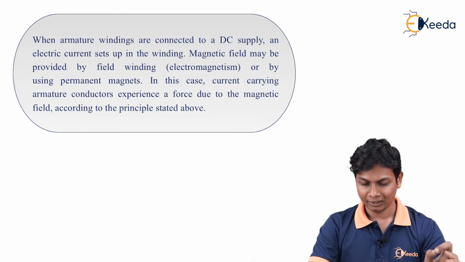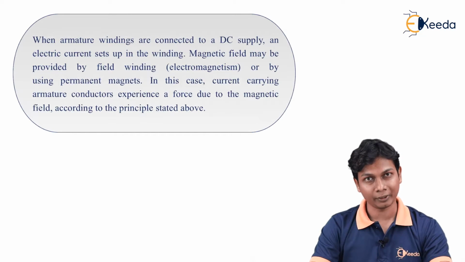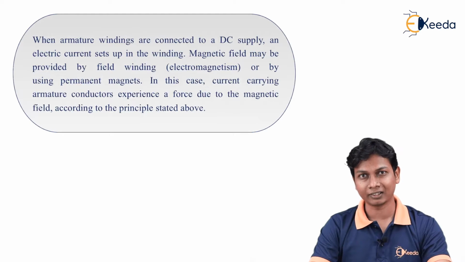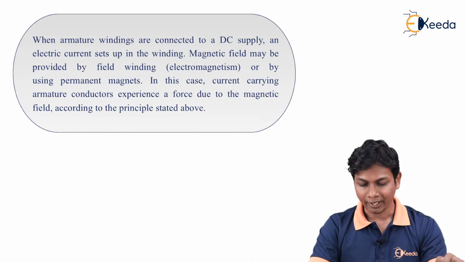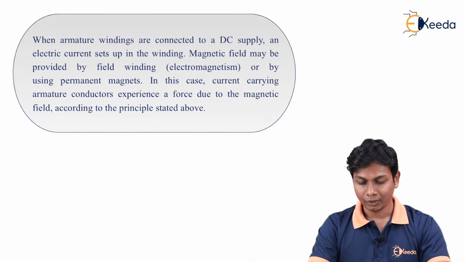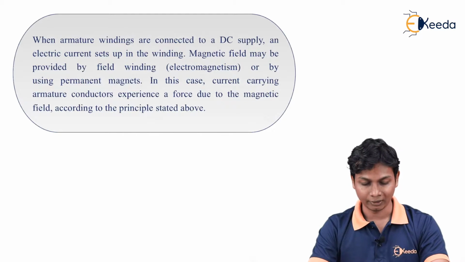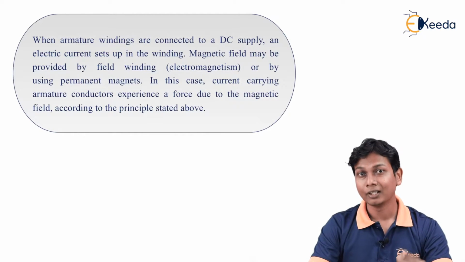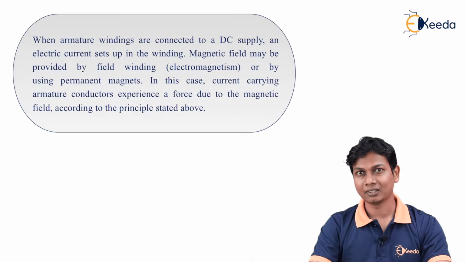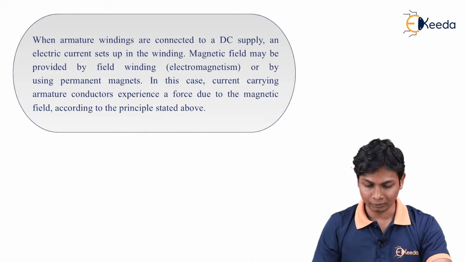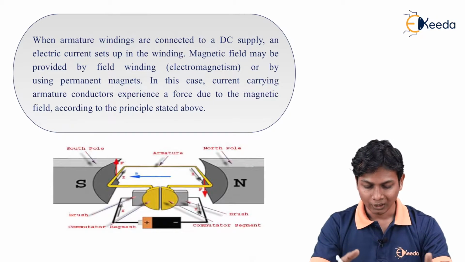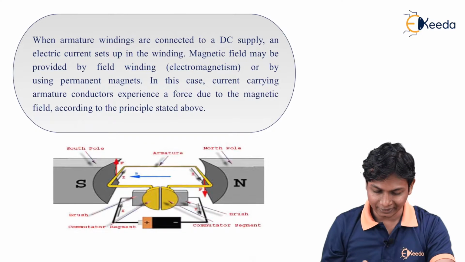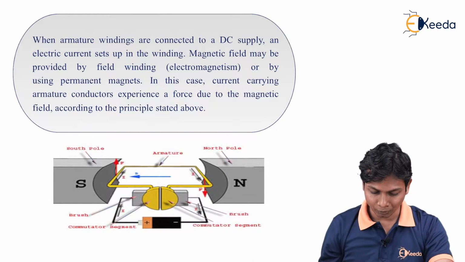In this case, a current carrying armature, or you can say a current carrying conductor, experiences a force due to the magnetic field. This is according to the principle stated above, that is Fleming's left hand rule. So here you can easily see the south and north pole.